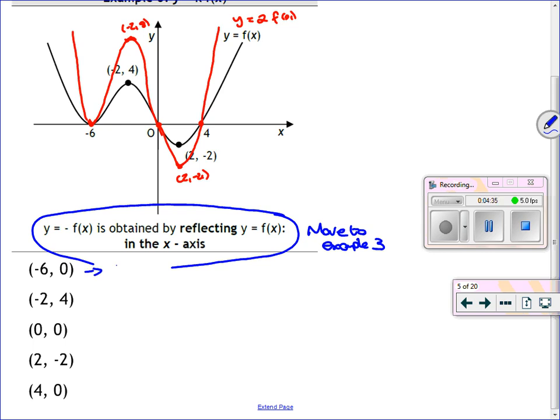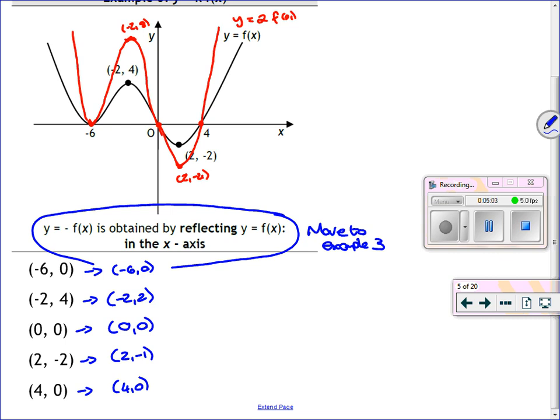So minus 6, 0 stays as minus 6, 0. Minus 2, 4 becomes minus 2, 2. 0, 0 stays as 0, 0. 2, minus 2 goes to 2, minus 1. And 4, 0 stays as 4, 0.